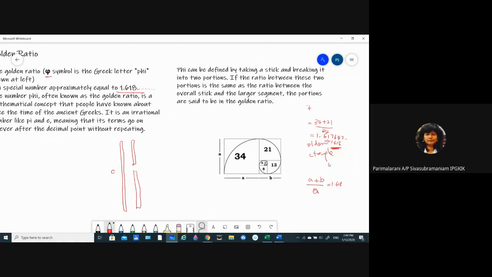Say the length of the original stick is A, and you have the lengths B and C, B shorter than C. If the ratio between these two portions is the same as the ratio between the overall stick and the larger segment, that means if C over B is the same as A over C, then it is said to be in golden ratio.